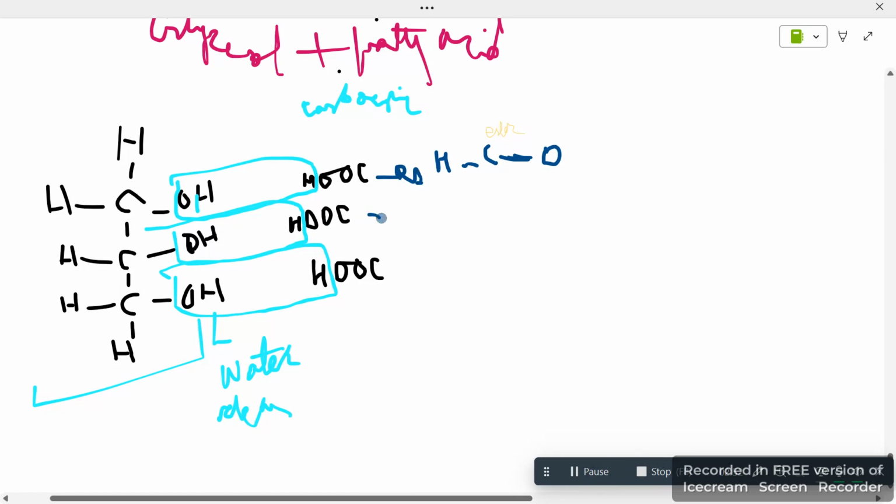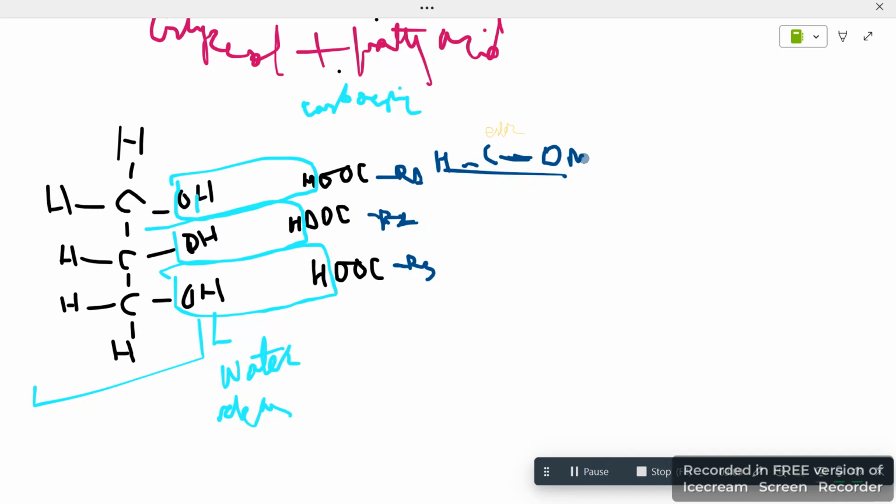This is the R2 group of lipid. This is R3. Then you will see that this is known as monoglyceride. This will be known as diglyceride.